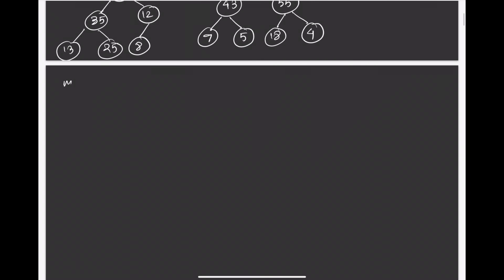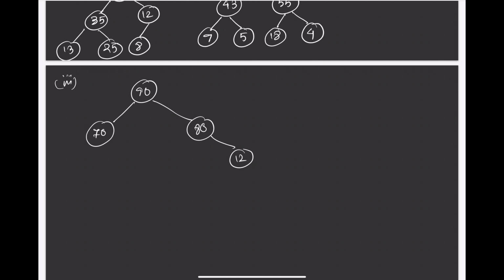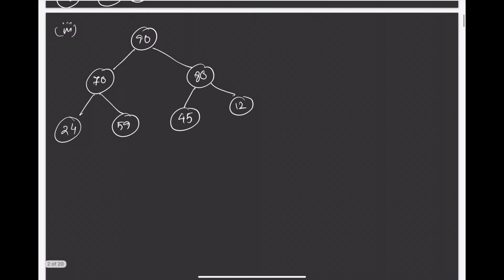Now example number 3, let's draw it here. Like 90, then obviously it is coming as 70, 80, 12, 45, 24, 59.